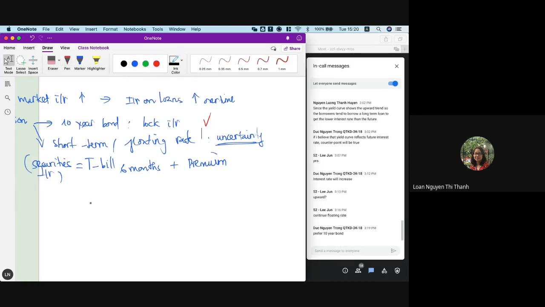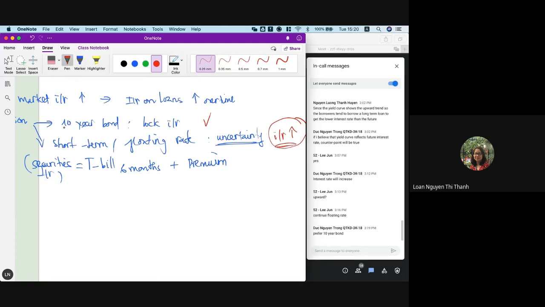What about the others? If they obtain a floating rate, like what they do currently, they have to face the uncertainty of higher interest rates, not moving but higher, because the expectation is higher.